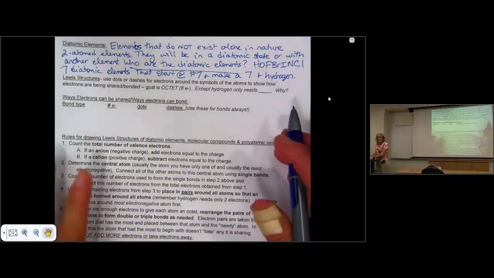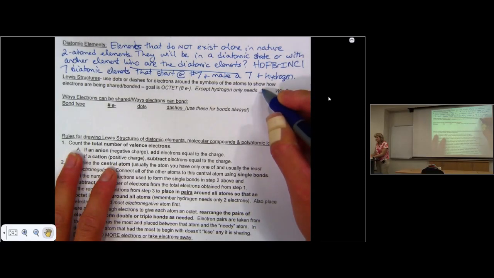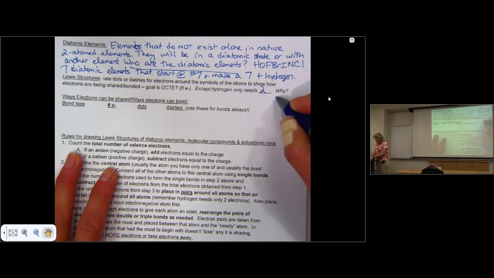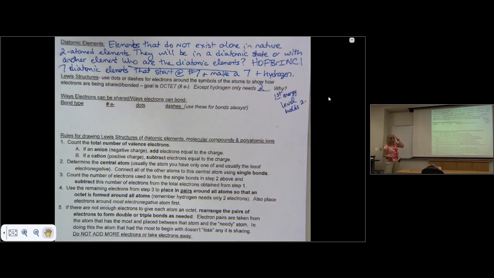Except hydrogen only needs a total of 2. Why? First energy level can only hold how many? That's right. First energy level holds 2 because it only has an S. That's why.